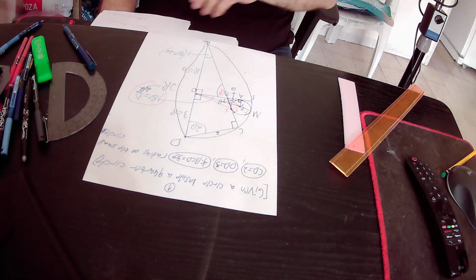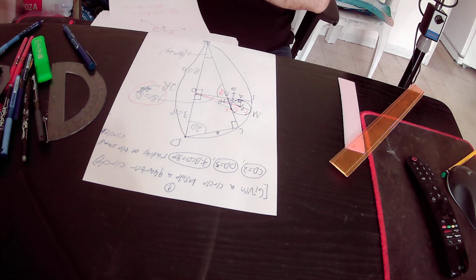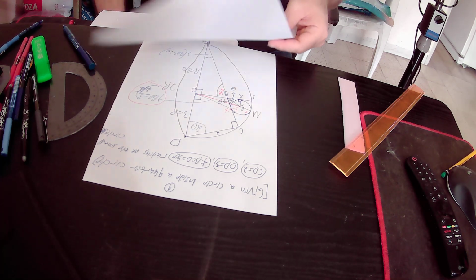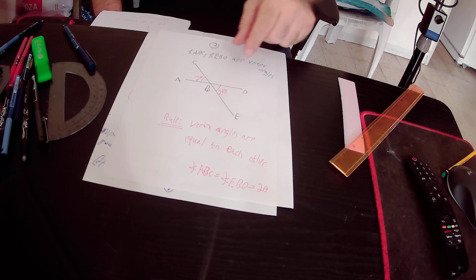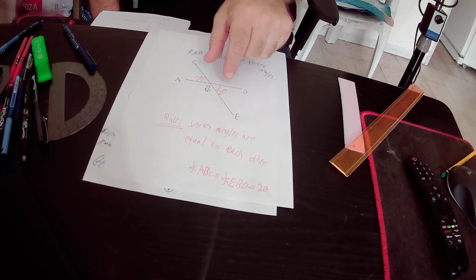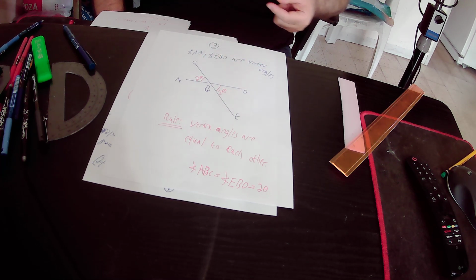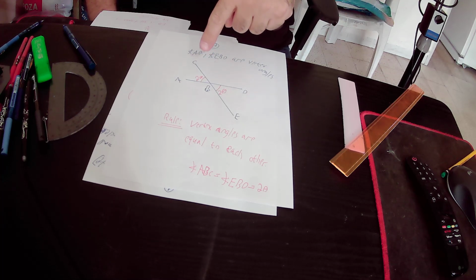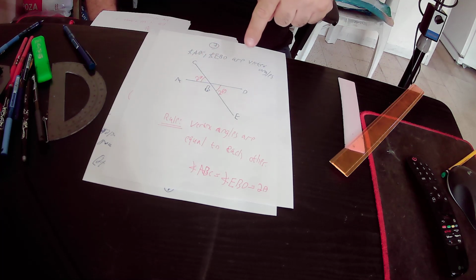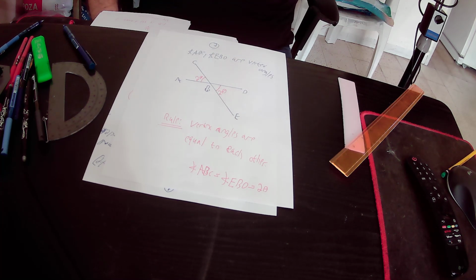So I drew them again. The angles that I marked with the red line are two vertex angles. This angle ABC is a vertex angle, and this angle EBO is also a vertex angle.